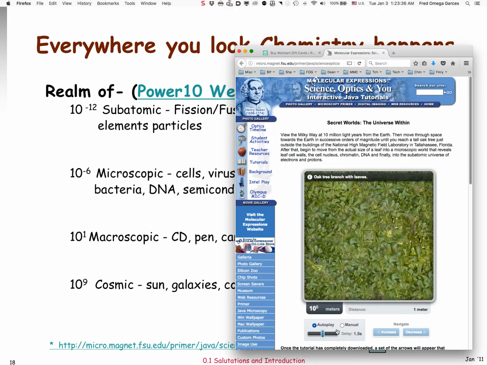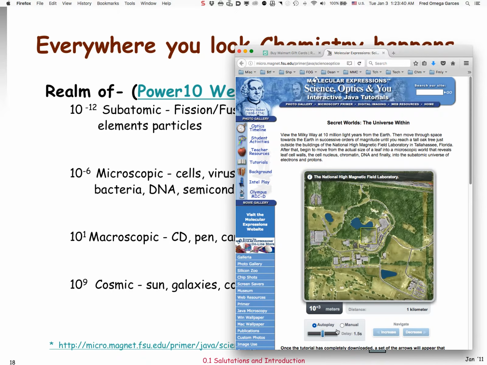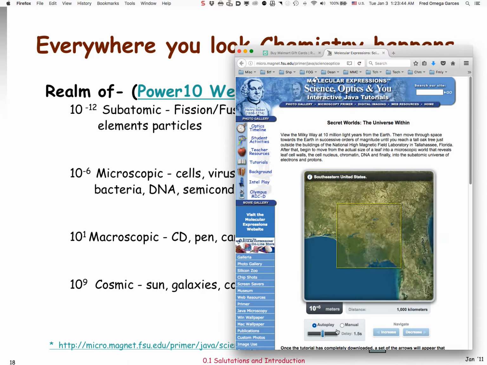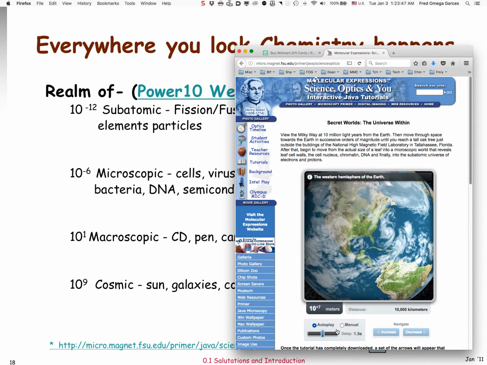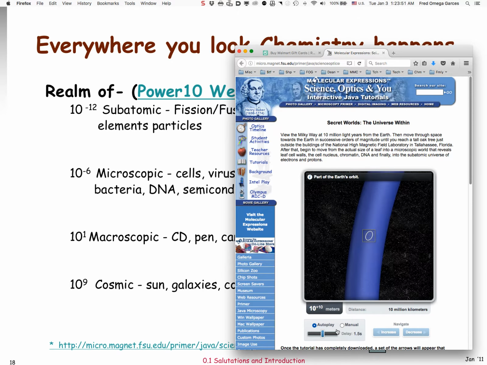We just passed a centimeter. Now we're at a meter. Now we're at a kilometer. 1,000, 10,000 kilometers. 10 to the 9th.